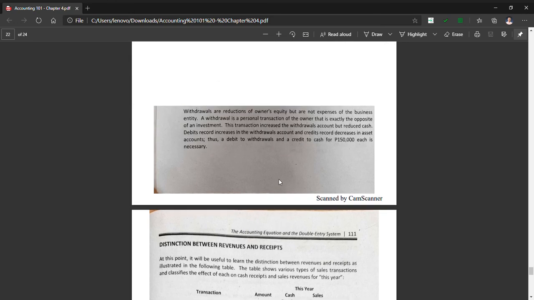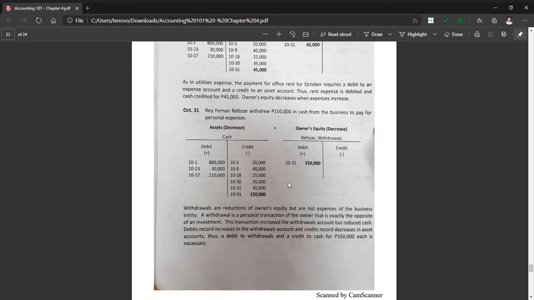Okay, so yun, that is how you use T account, right? So instead of the previous illustration where we just simply add and deduct from the balances of every account, this time meron tayong specific na log para sa mga increases niya and mga decreases for every account.